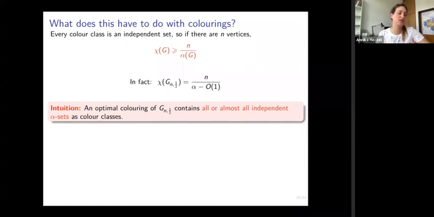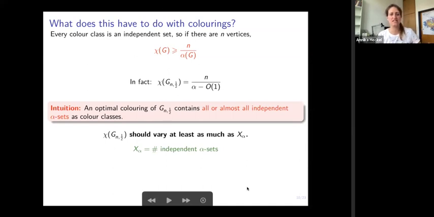We think you do take in all the alpha sets, but then with the alpha minus 1 sets, you don't actually take in as much as you can. But for the alpha sets, we think this is actually true. And I hope that at the end of the talk, I can talk a little bit about what we think the optimal coloring looks like. But the intuition is that with the maximum independent sets, you really want to take as many of them as you can into your coloring.